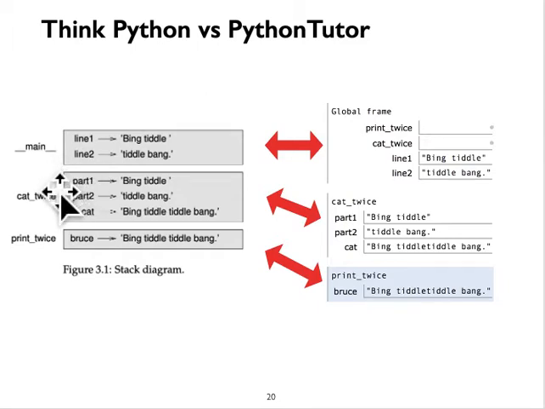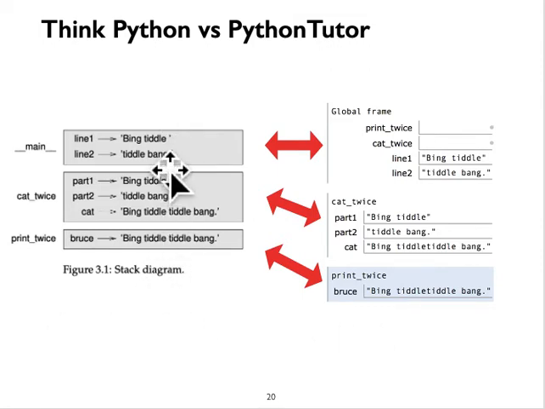In the book, Downey uses main in the stack diagram, and Python Tutor is going to call that the global frame. It's going to have a frame for each function, but you'll notice that they won't appear until they are invoked.